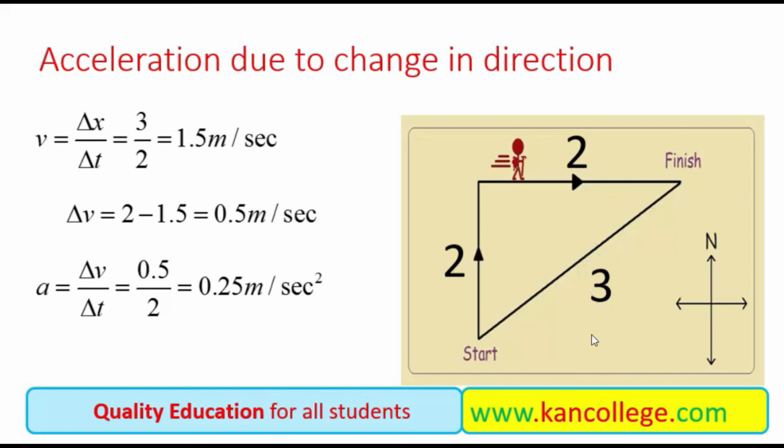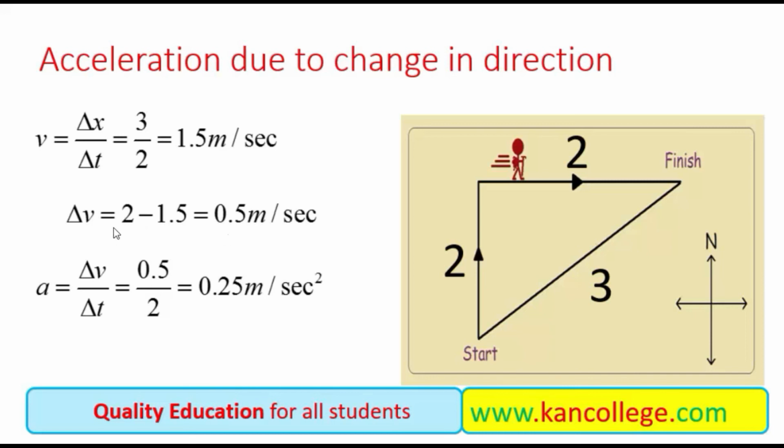I assume that this distance is 3 meters, then in 2 seconds he has actually displaced 1.5 meters per second. So it means the person claims that I'm moving with a velocity of 2 meters per second, but actually his velocity is 1.5 meters per second.